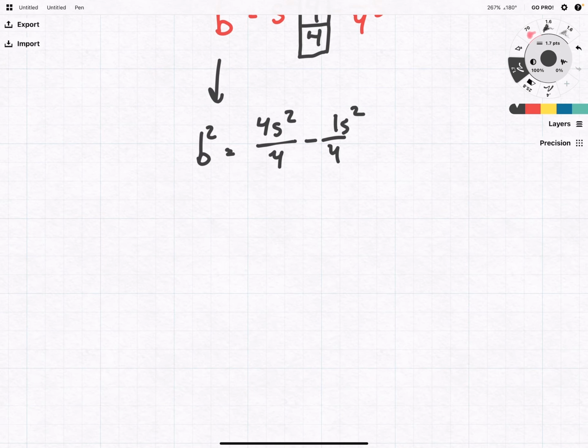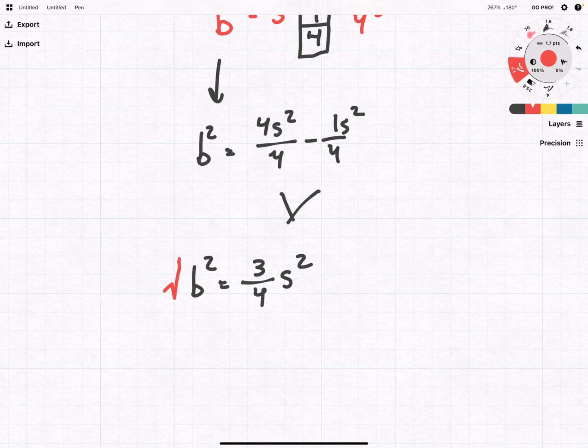We'll clean that up, and now we have b squared equals 3/4 s squared.